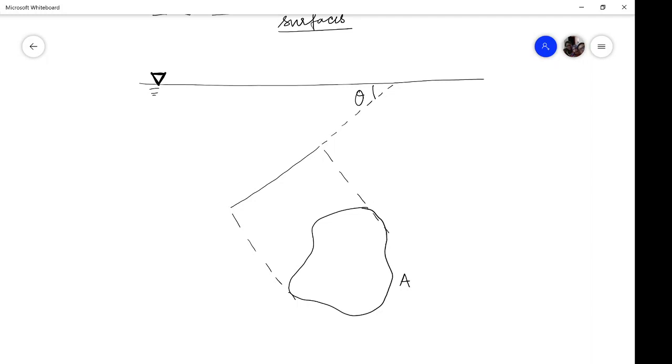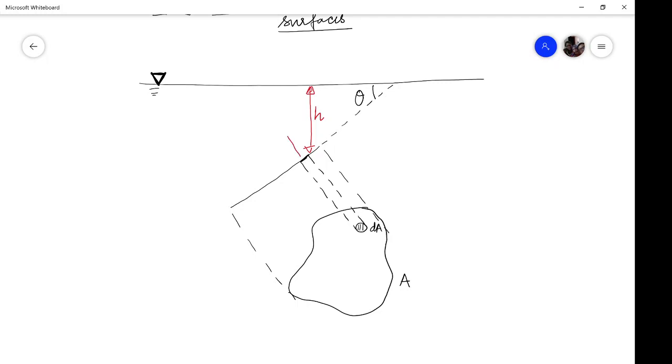So to start with the force which is acting on this particular area, we assume a small elemental area dA on the surface. This is where this elemental area is. Now let us assume that this particular area is at a depth of h from the free surface.